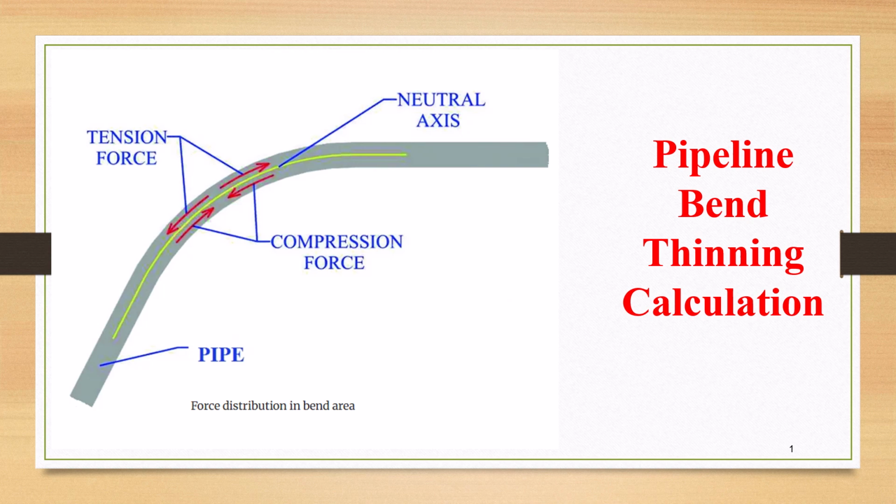That is the main reason we have to perform pipeline bend thinning calculation during the design phase, to ascertain that the pipeline will be able to sustain the internal design pressure, and at the same time work satisfactorily, performing its intended action throughout the design life period.